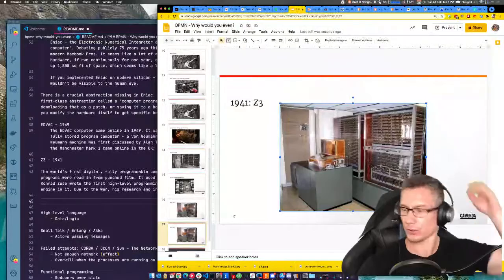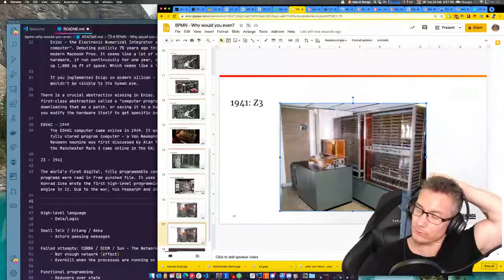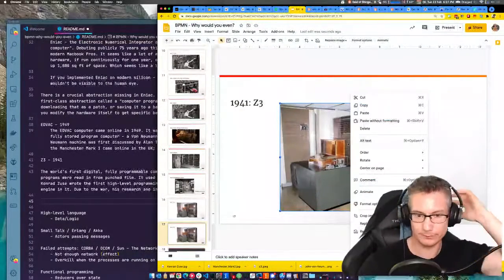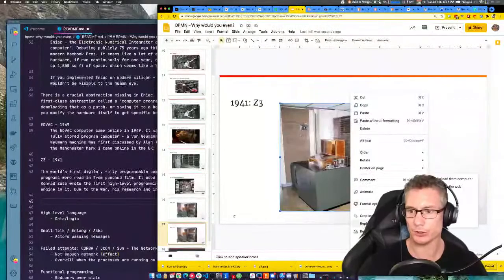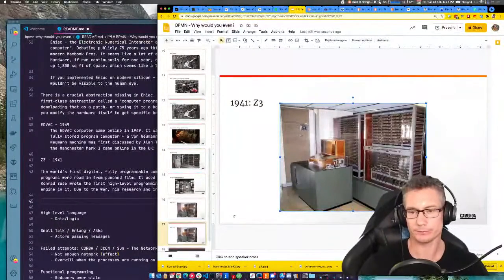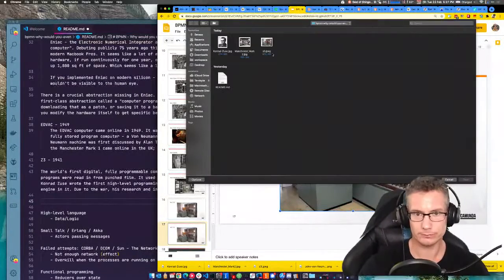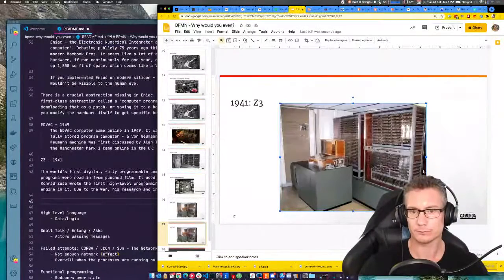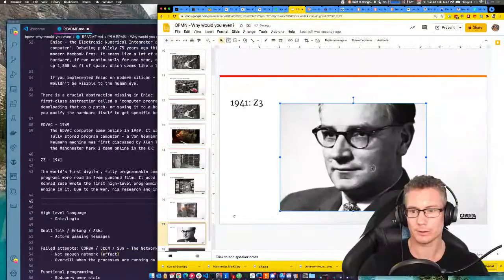Okay, so we'll put this guy in. Replace image. Upload from computer. Reset image.